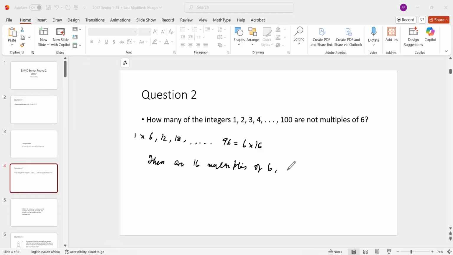Sixteen multiples of six in the set. Therefore, the set has got 100 elements. So the number of non-multiples is the number, 100 minus 16.